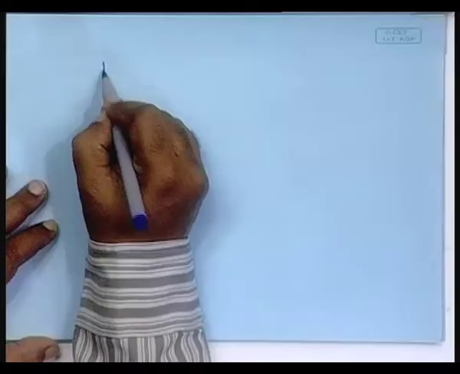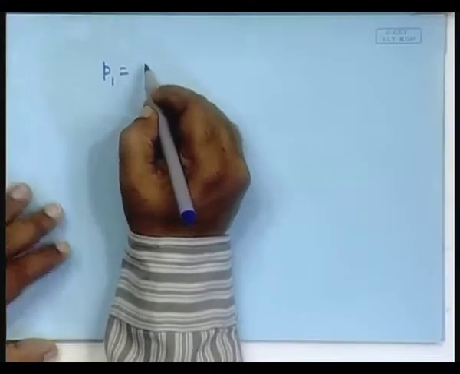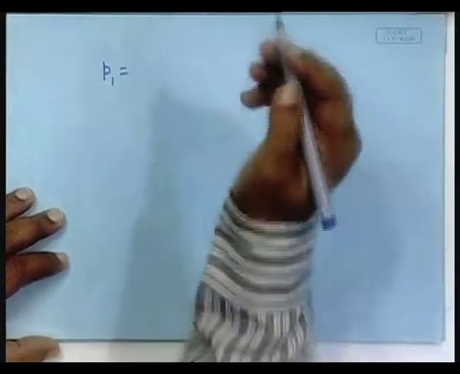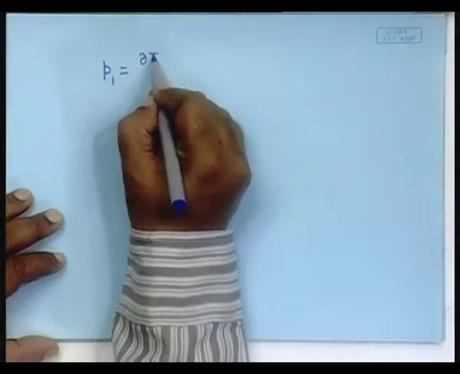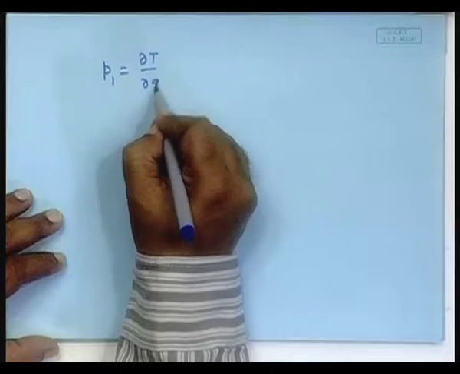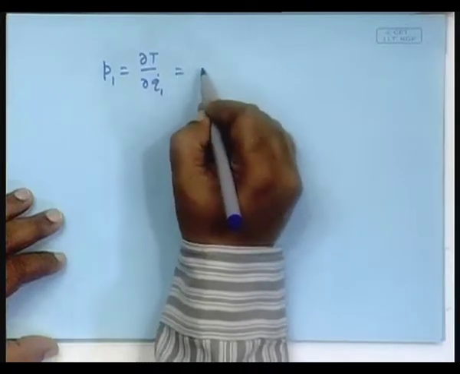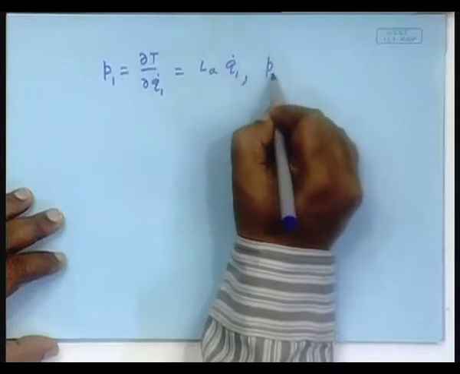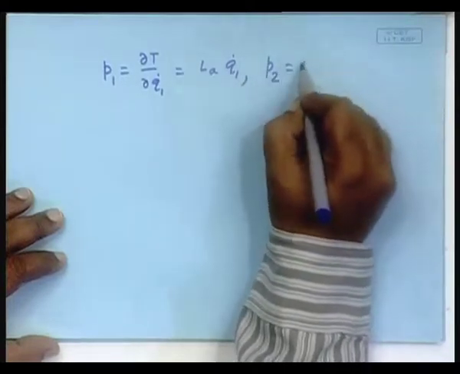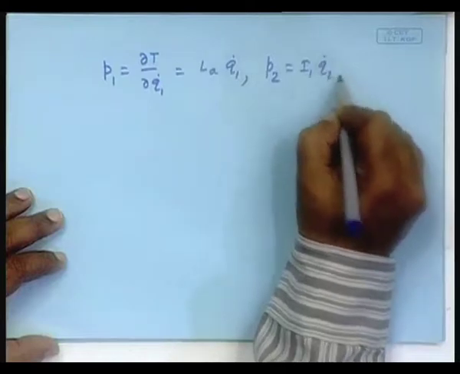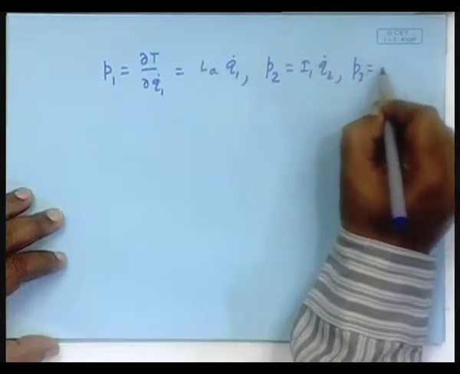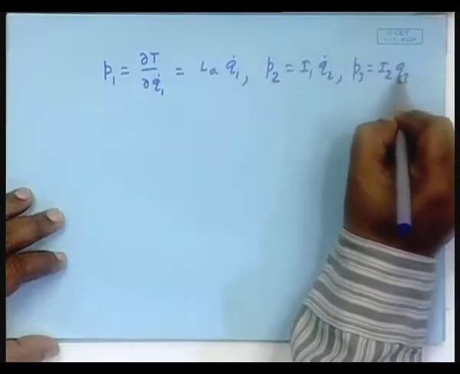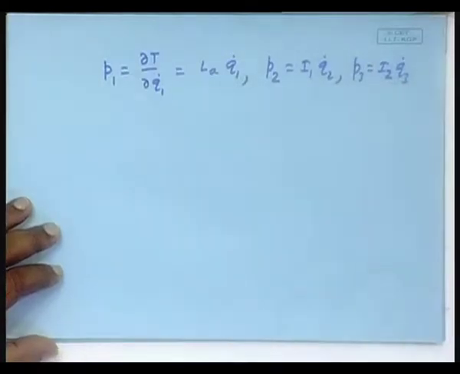So, we define the momenta, P1 is equal to what? We have already done that. Similarly, P2 is equal to I1 Q2 dot and P3 is equal to I2 Q3 dot, right.